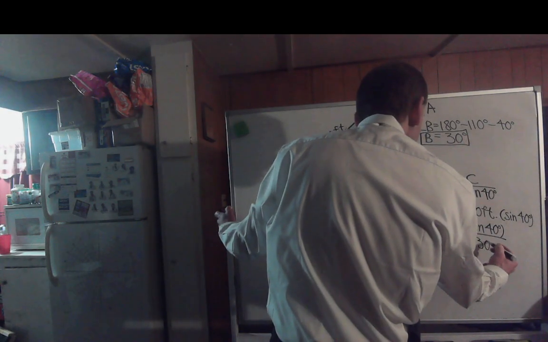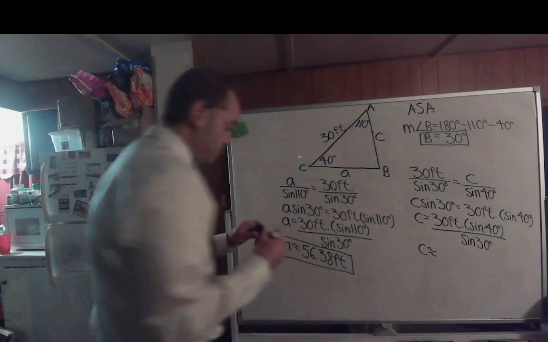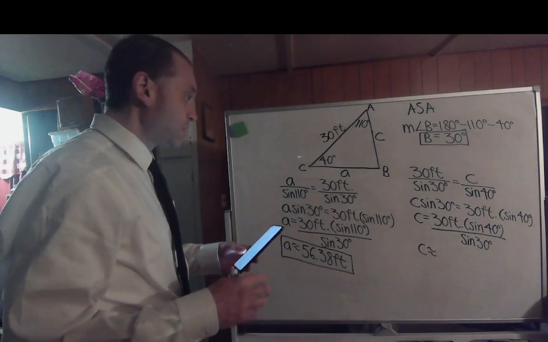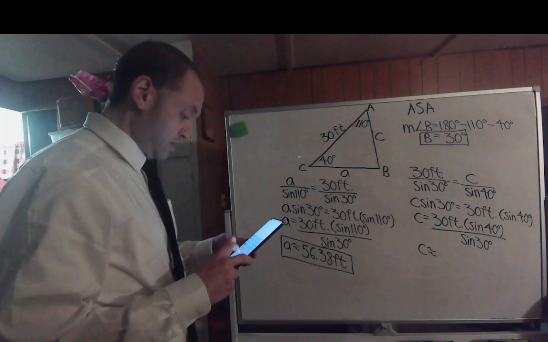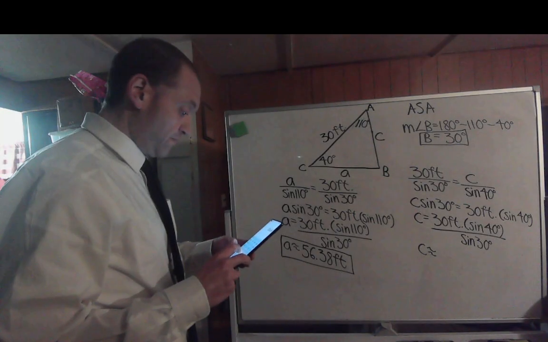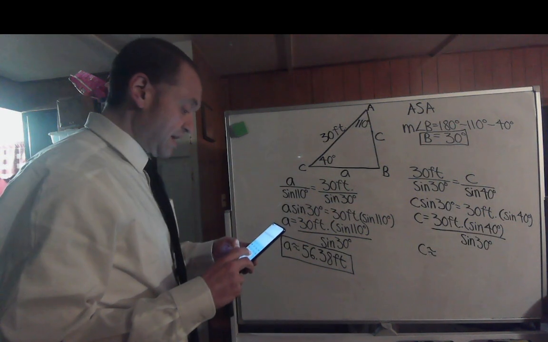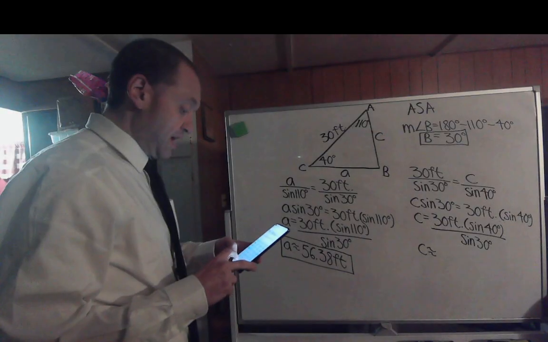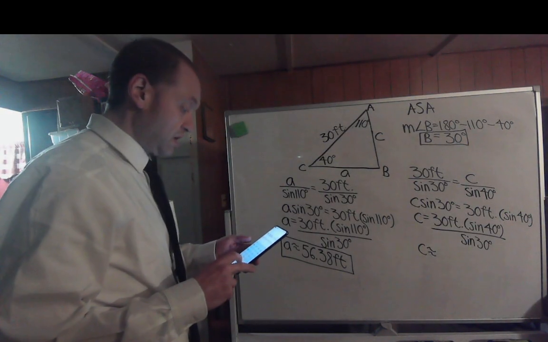And now we should be able to get a 2 decimal place approximation. So take 30 times the sine of 40. Then let's divide that by the sine of 30, which would actually be divided by a half.